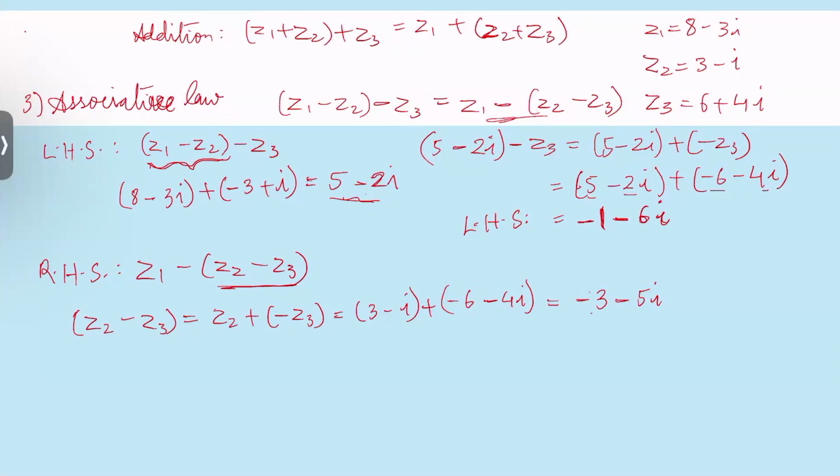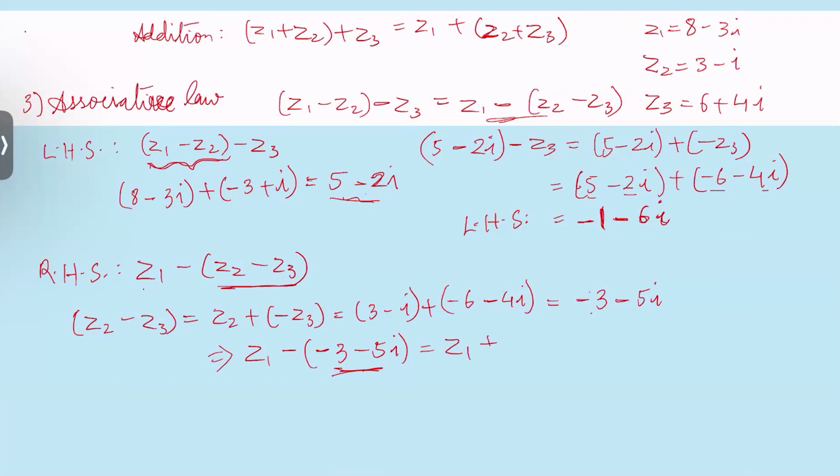Now, you subtract Z2 minus Z3 from Z1. So you write this as Z1 minus, what we got for Z2 minus Z3, which is minus 3 minus 5i. Now you write this in terms of the additive inverse, adding the additive inverse of the complex number in brackets.